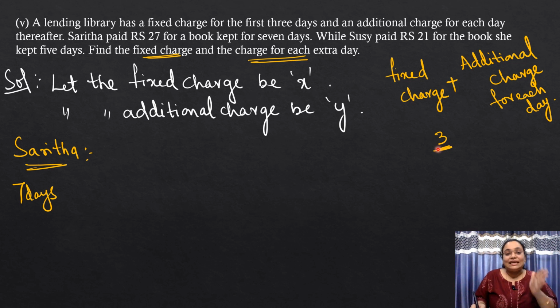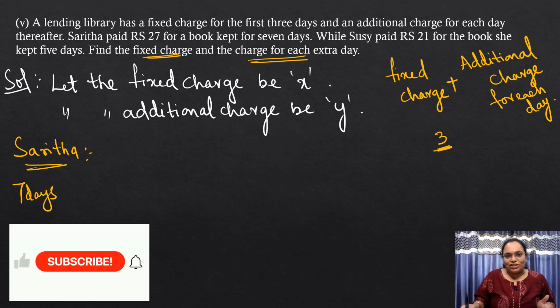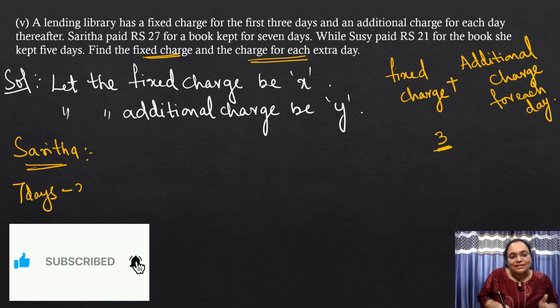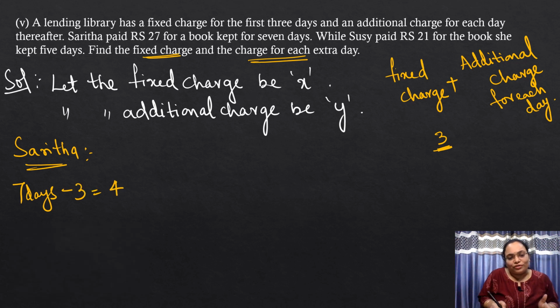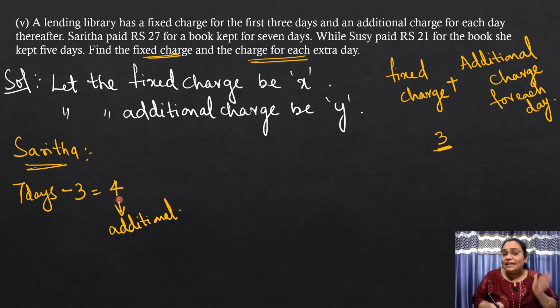After the third day till the 7th day will be the additional charge. What is 7 minus 3? That is 4 days of additional charge.